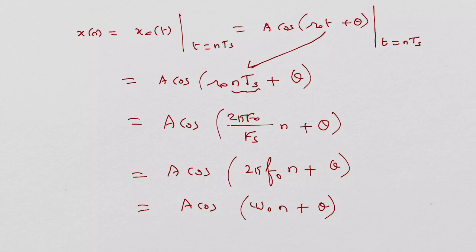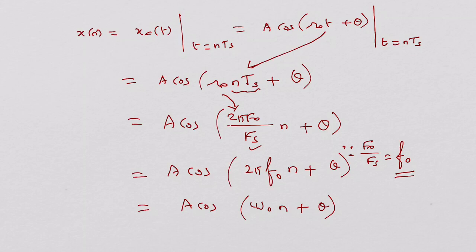Omega naught n Ts. Omega naught is replaced by 2 pi f naught, and Ts is replaced by 1 by Fs. So 2 pi f naught, 1 by Fs, into n plus theta. Let us assume that f naught by Fs is equal to small f, the discrete time signal frequency.